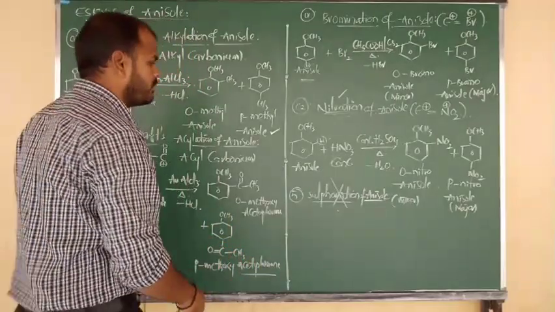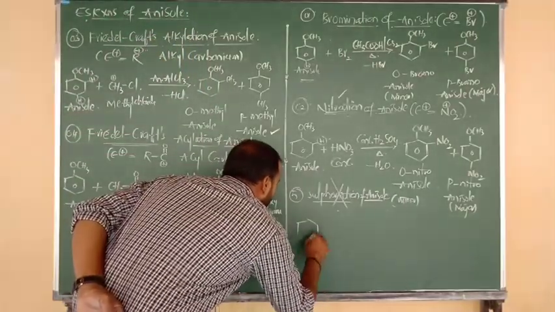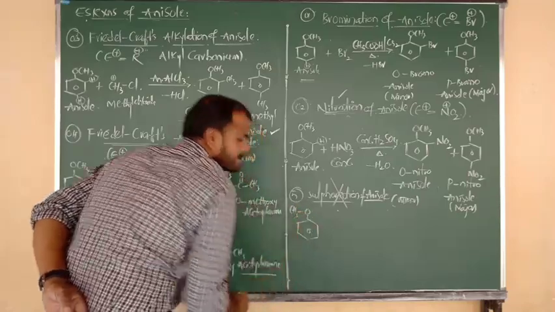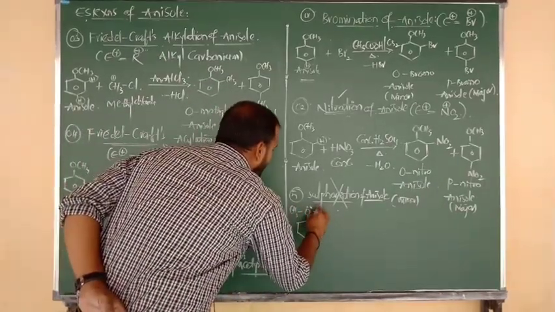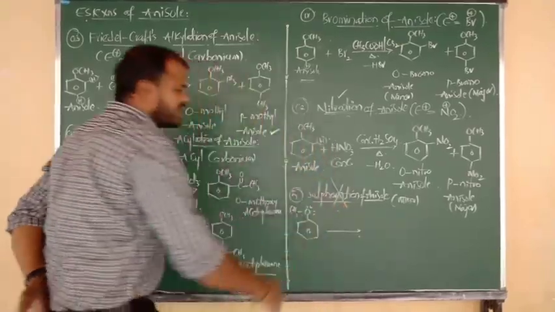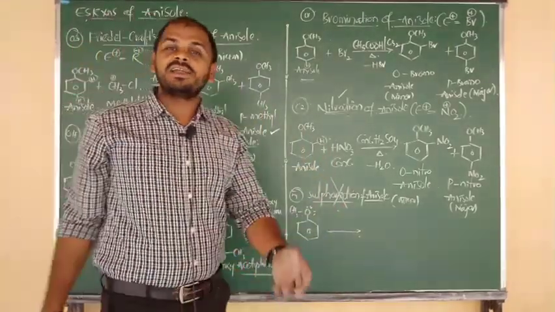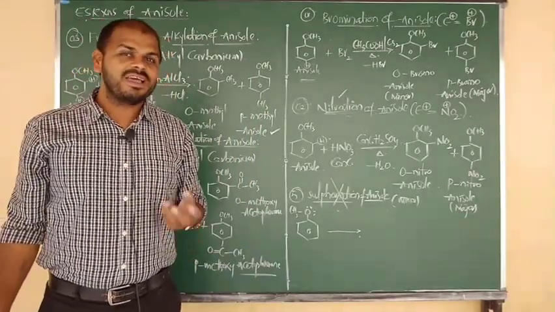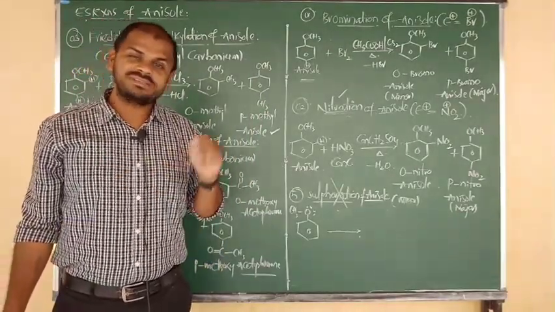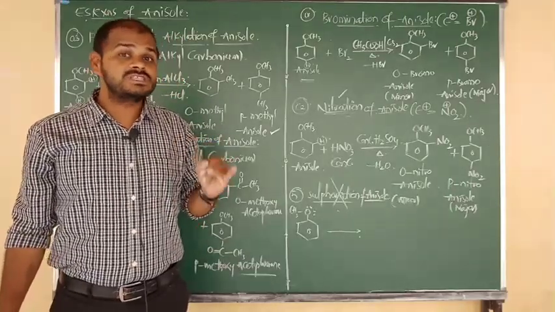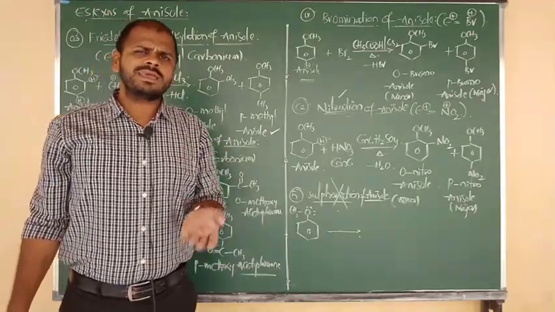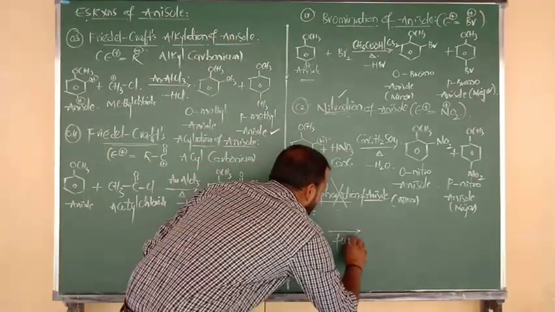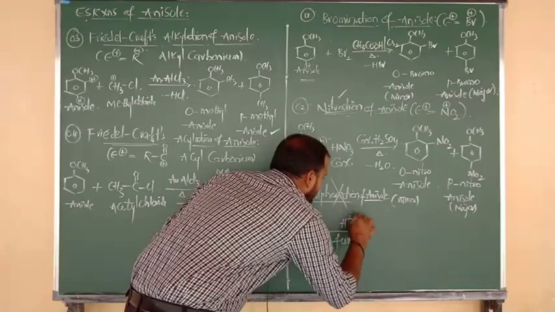Once again I am going to tell you the formula of anisole. Benzene bonded to OCH3. Oxygen contains a lone pair, you know very well. What is meant by sulfonation? Sulfonation means reaction with fuming sulfuric acid, also oleum, H2S2O7. So many times already I have told you, H2S2O7, oleum, otherwise fuming sulfuric acid. I am going to consider fuming sulfuric acid, nothing but H plus ion.